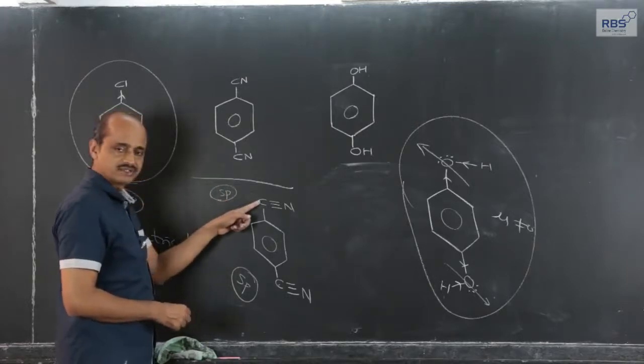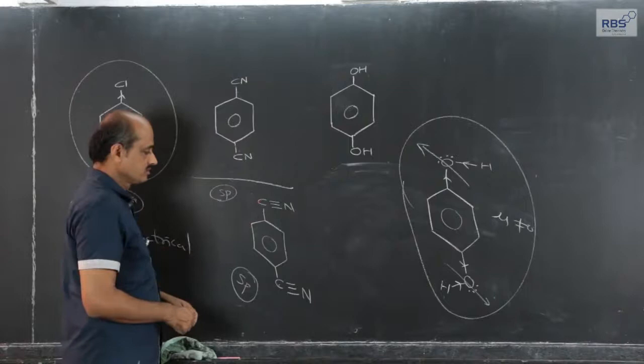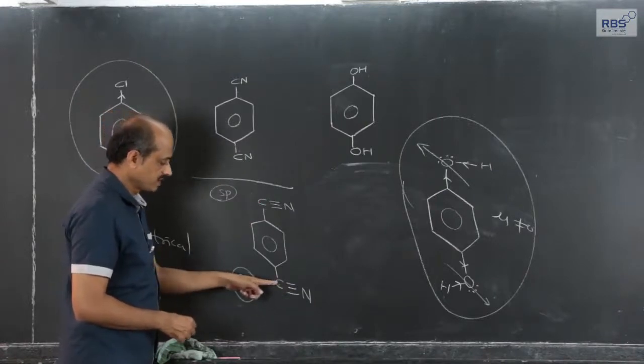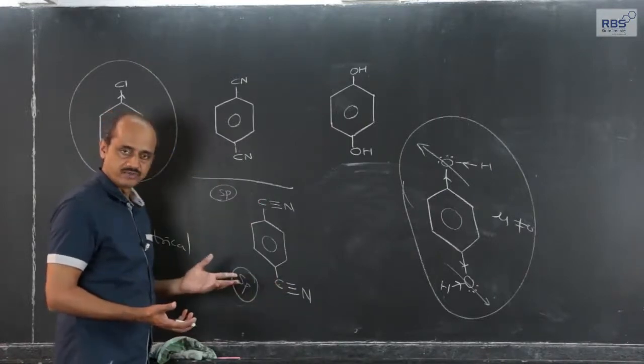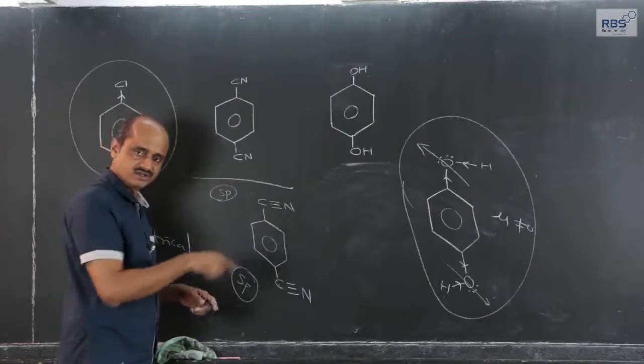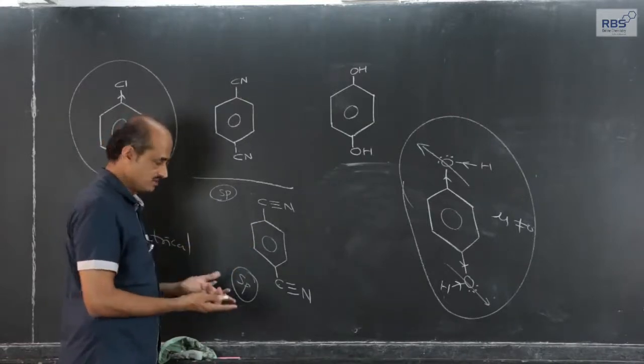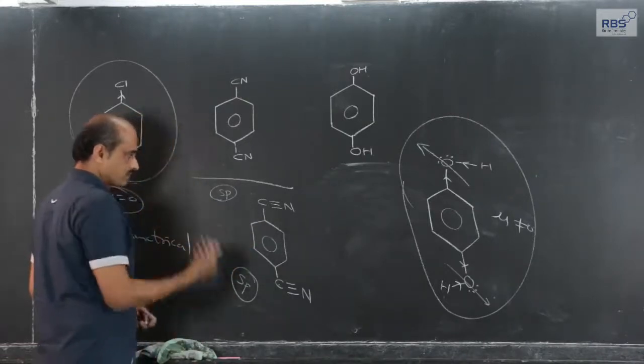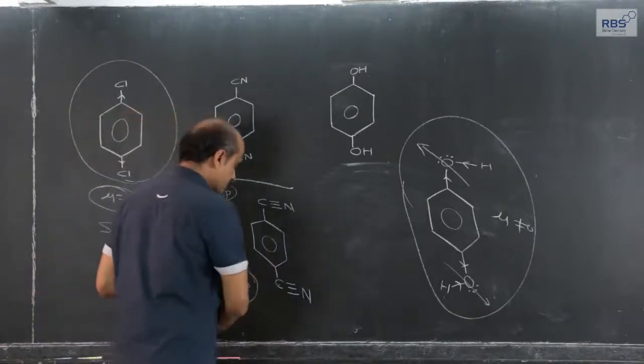If it is sp hybridized carbon, two sp hybrid orbitals, linear, 180-degree angle, if what we have studied earlier is in your minds.